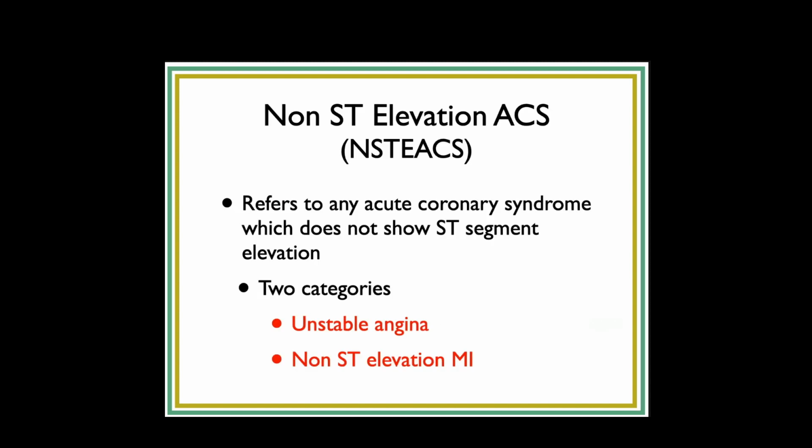So our topic right now is non-ST elevation ACS. It refers to any acute coronary syndrome which does not show ST segment elevation. And again, just to repeat, the 2 main categories that we have now are unstable angina and non-ST elevation MI. So what do these mean?